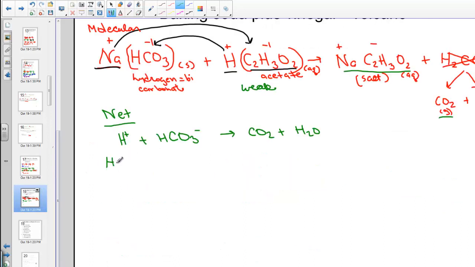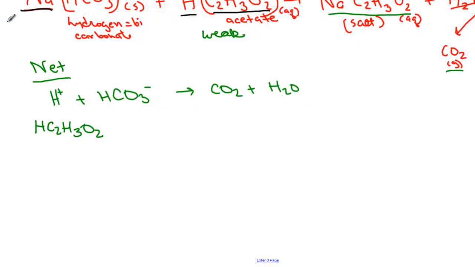So the true chemistry would leave that acid together, because we only separate out the strong. So the strong electrolyte of sodium hydrogen carbonate would be dissociated. A strong electrolyte such as the salt would be separated. And of course, carbon dioxide and water are both non-electrolytes.